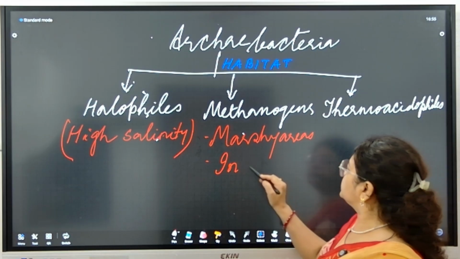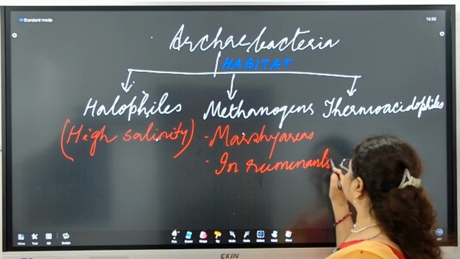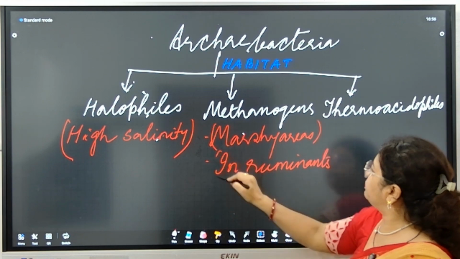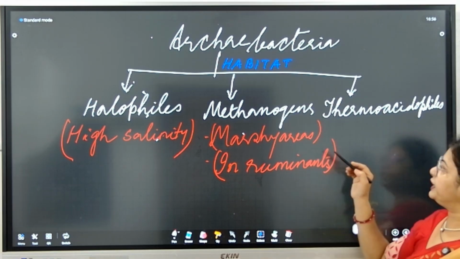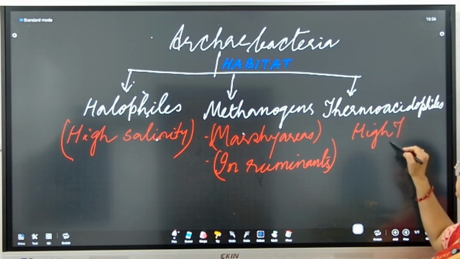So in ruminants, okay. And thermoacidophils, as you can see from the name, thermo means temperature, and so it is high temperature.